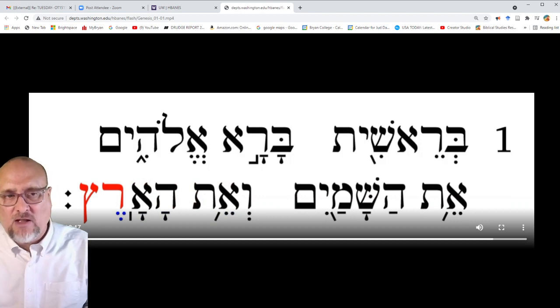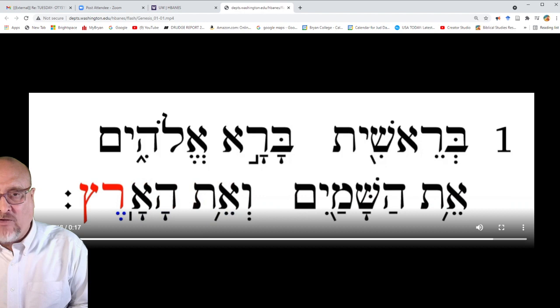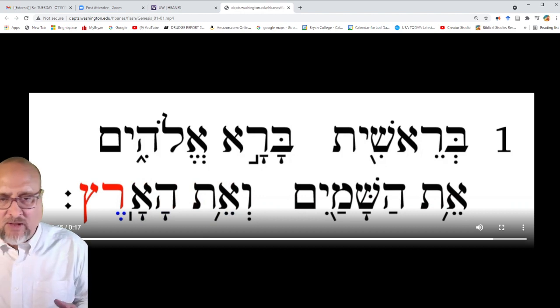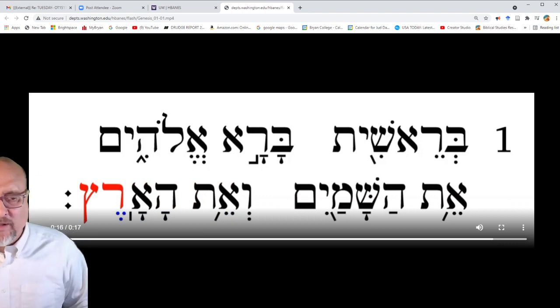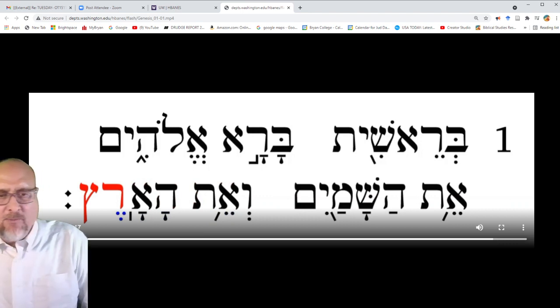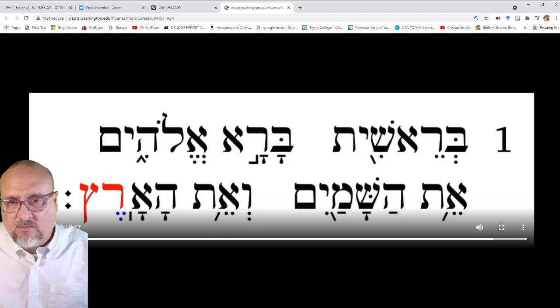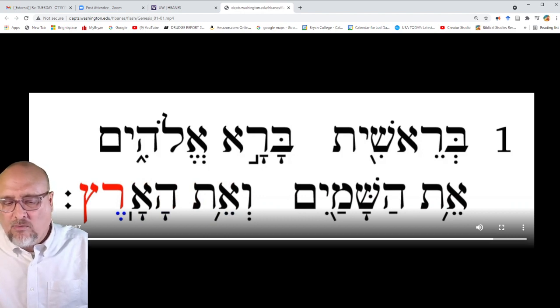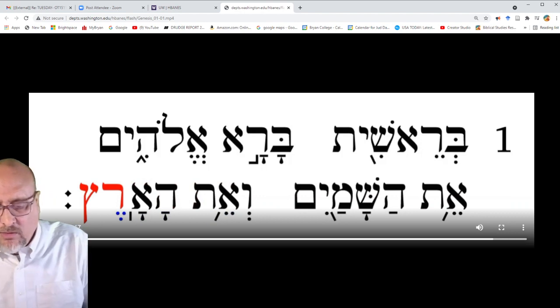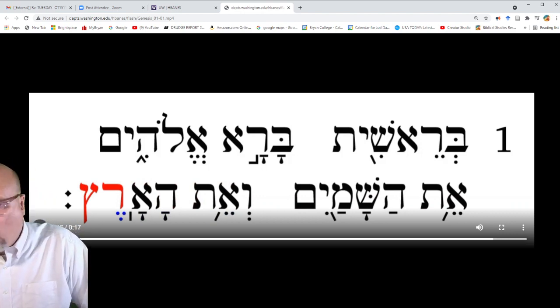It's a consonantal language, and you have to supply your own vowels. And sometime, maybe about 400 AD, Hebrew speakers were afraid that we would lose the right way to pronounce words. And so they came up with different systems to tell us which vowels to supply, and that's called pointing. And so everything in blue is pointing, and it's kind of like training wheels.